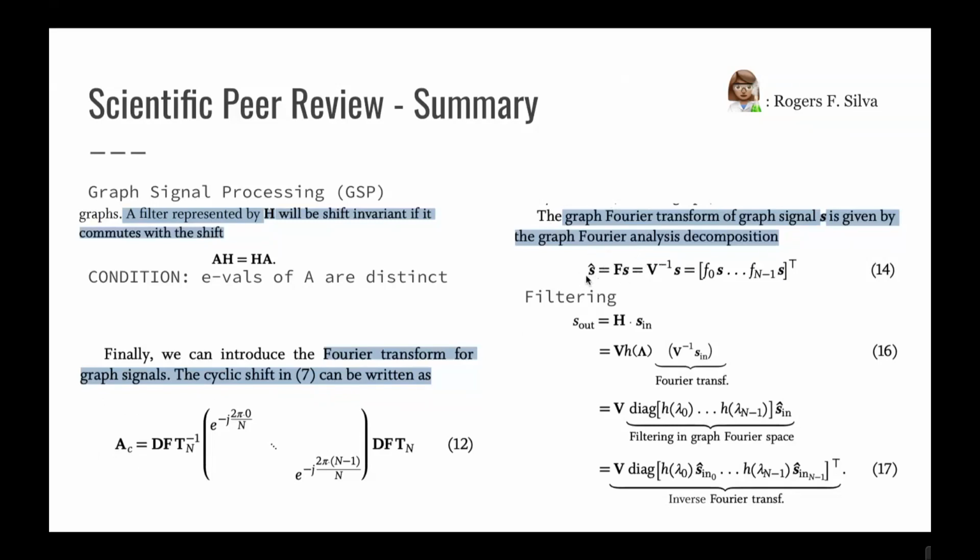And this is now just a matrix multiplication where this particular basis, the Fourier basis, is derived from the graph itself, from the adjacency matrix. Either the adjacency matrix or also could be derived from the SVD of the Laplacian matrix.